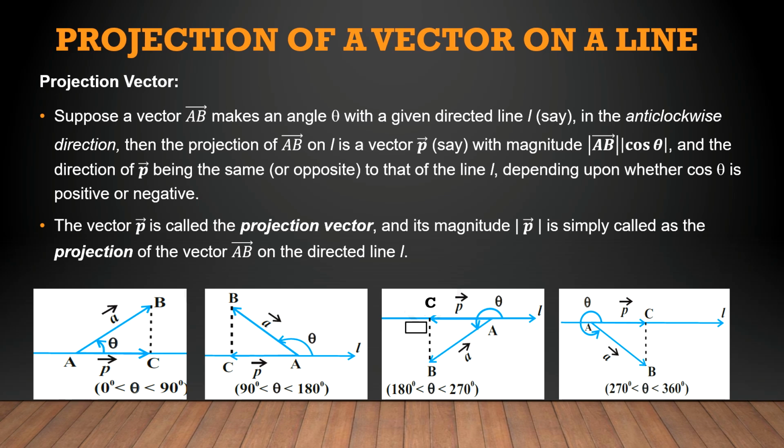And in the fourth case, it is in the fourth quadrant, meaning the angle theta is between 270 degrees and 360 degrees. So in each of these cases, the vector P is the projection vector, and we will see with the help of examples how to find the magnitude of the projection vector.